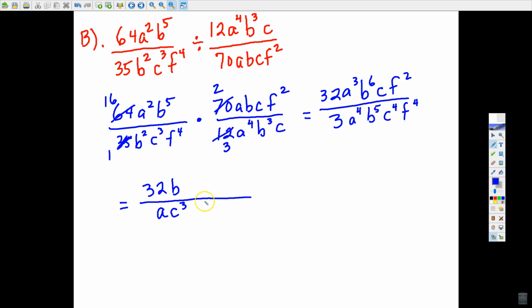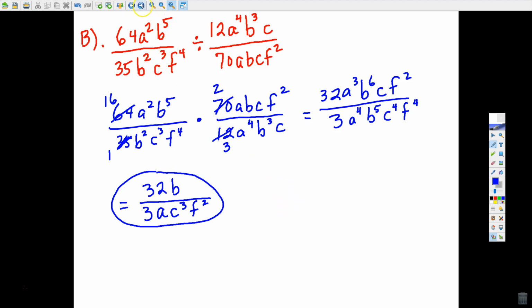And for f, we'll have f squared in the denominator. And so that ends up being our final answer for letter B. Oh, I just realized I didn't bring my 3 down from up here, so this is your final answer. 32b over 3ac cubed f squared.